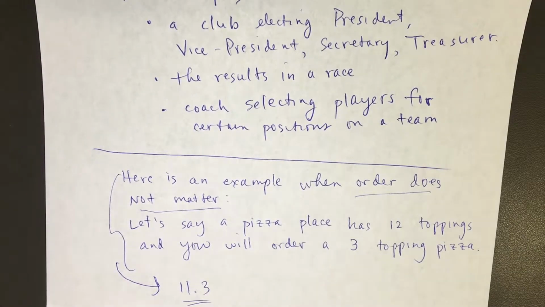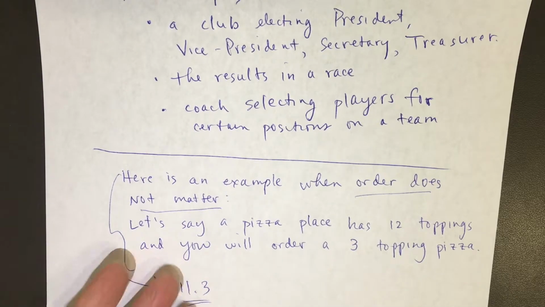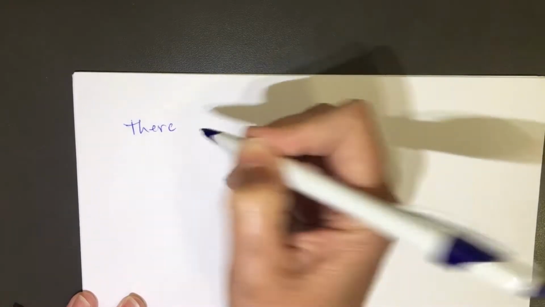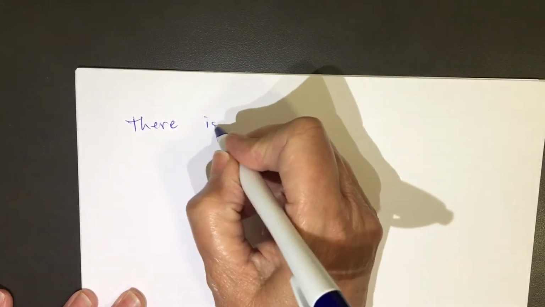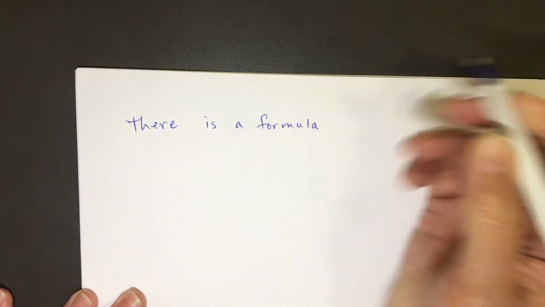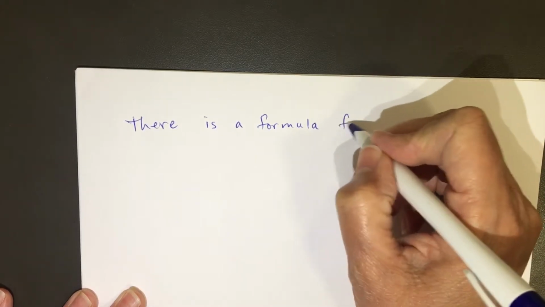There is a formula for permutations. There's one for this too. This is called combinations, but right now we're looking at permutations. And before I give the formula, I'm going to put, there is a formula, and you need something for this formula.